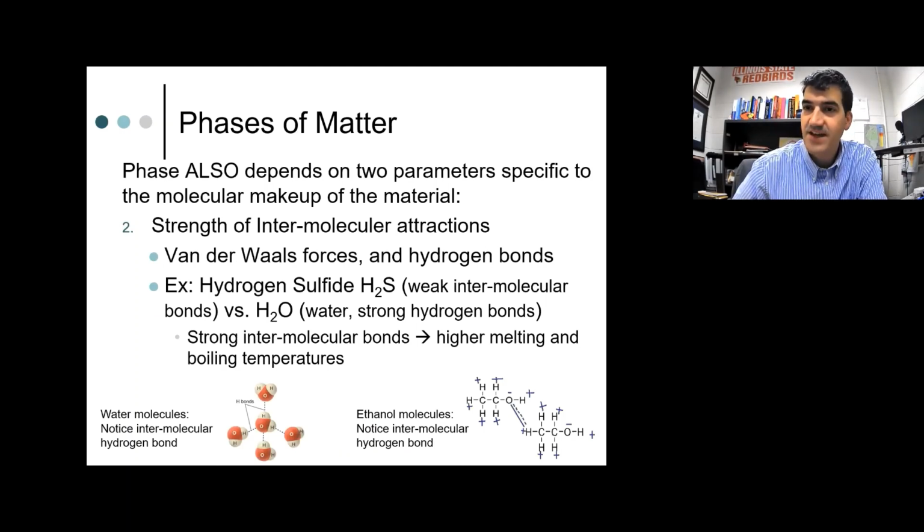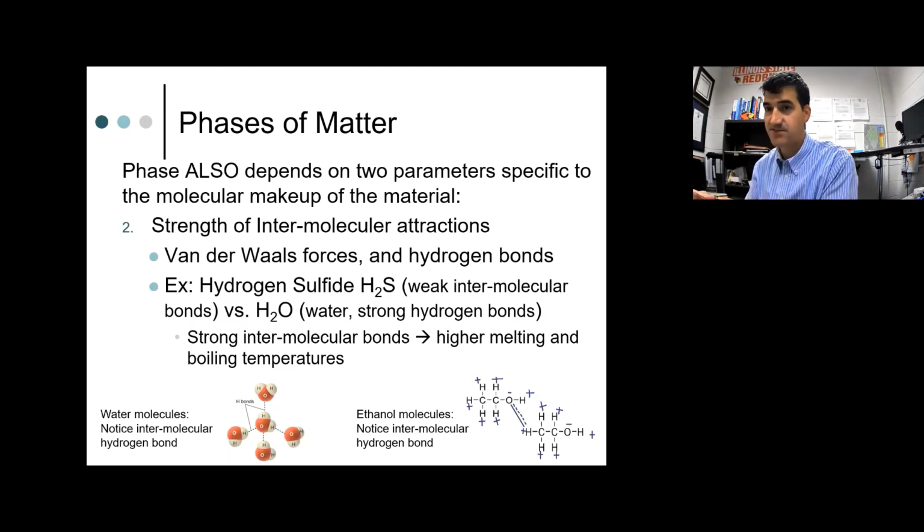All right, and then independently of everything else, the strength of those intermolecular attractions has an impact on the phase. If you have intermolecular bonds that are relatively weak, then that substance is going to boil at a lower temperature than if you have a substance that has very strong intermolecular forces like water.